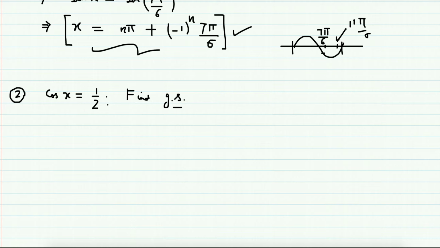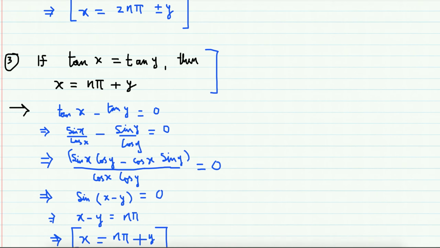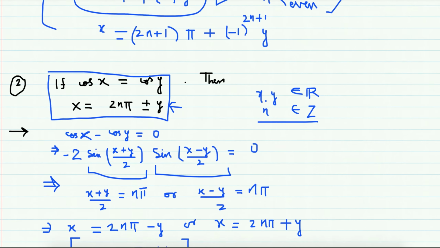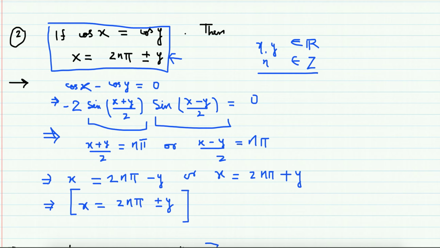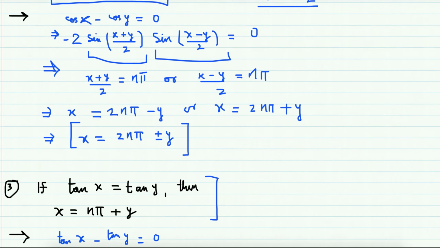So we can write cos x is equal to, and we know that cos 60 degrees is half, so we can write cos pi by 3. So cos x is equal to cos pi by 3. Now we will use this formula: if cos x is equal to cos y, then x is equal to 2n pi plus minus y.